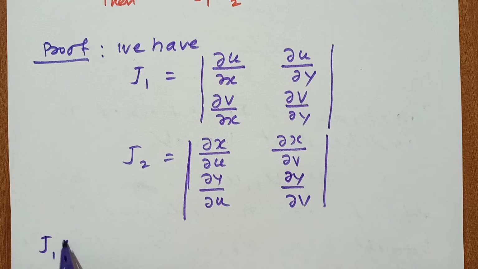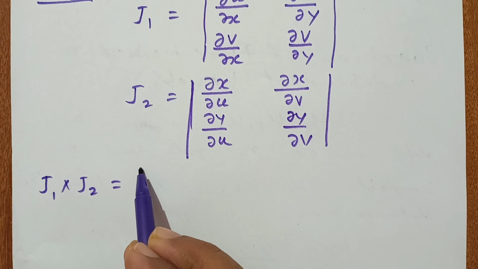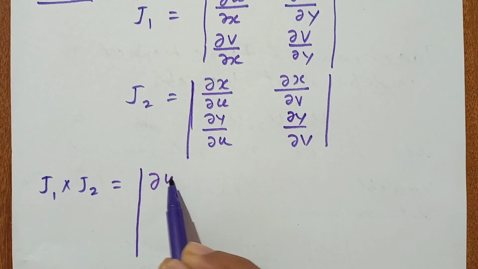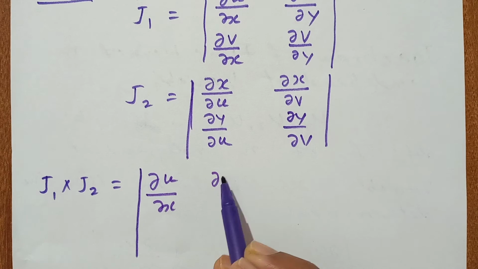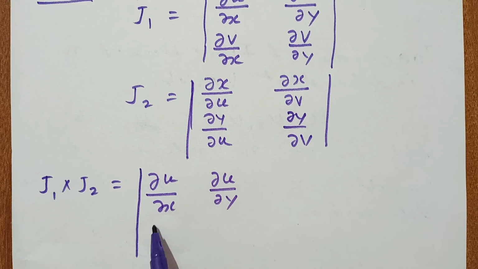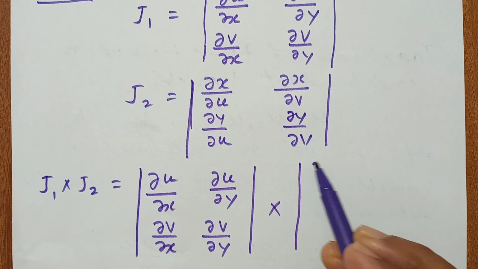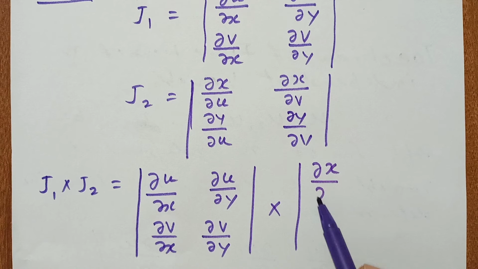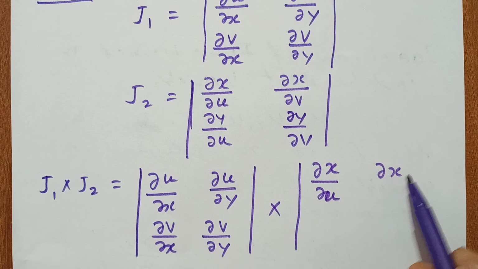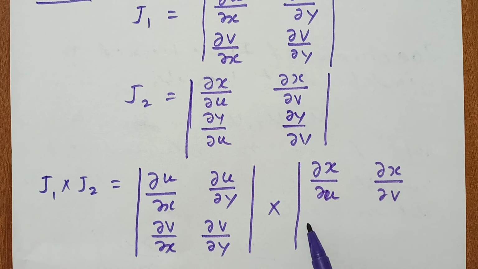So J1 J2 is equal to the multiplication of two determinants: del u upon del x, del u upon del y, del v upon del x, del v upon del y, into del x upon del u, del x upon del v, and here del y upon del u, del y upon del v.